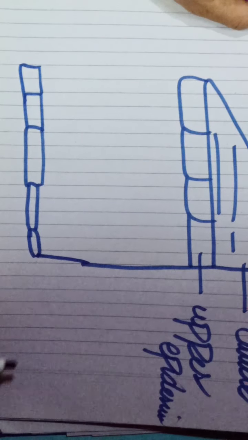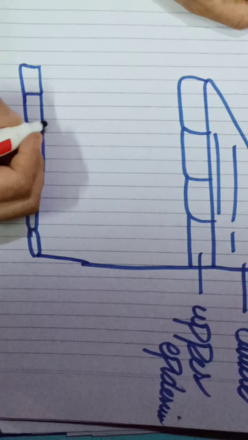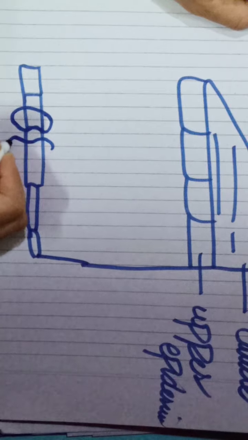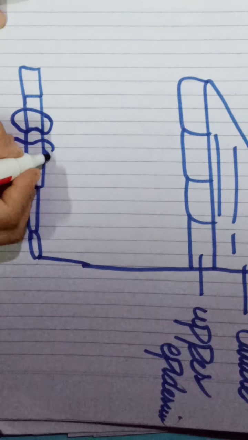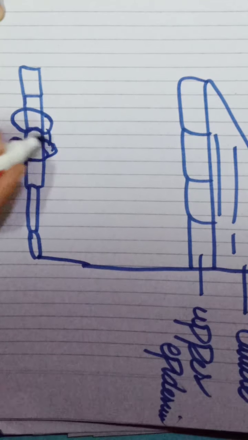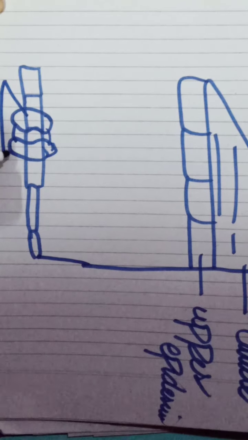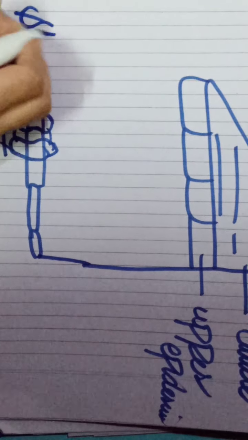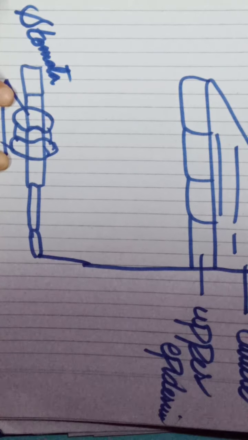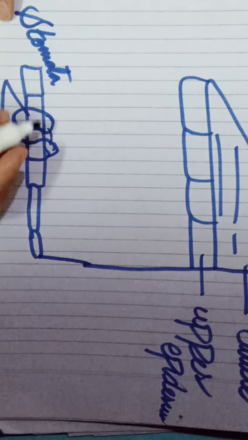At the lower epidermis there are specified guard cells like this. These are the guard cell structures. Two cells combine with each other, these are guard cells.